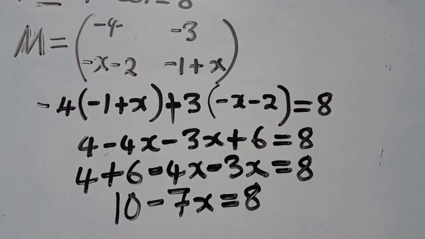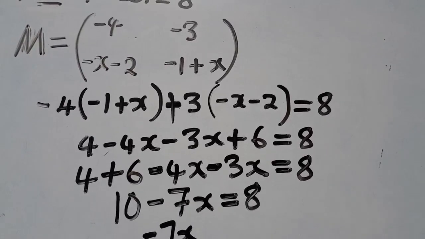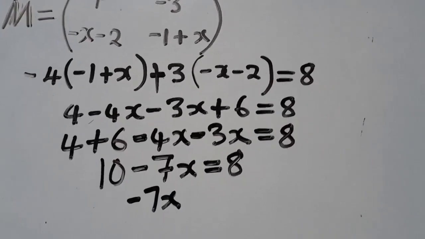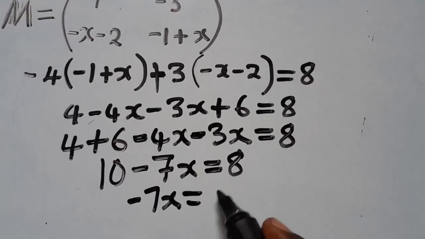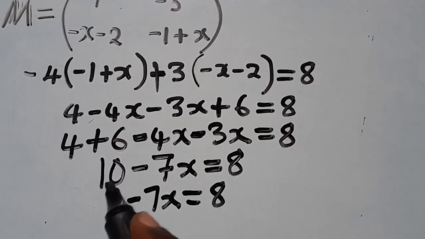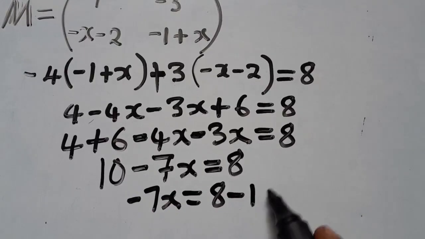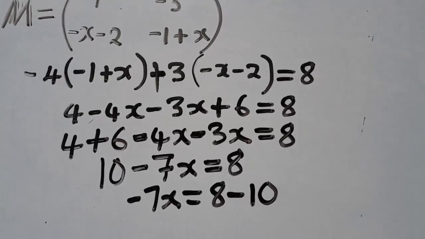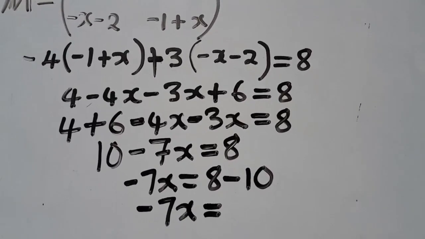Here you group the like terms. -7x remains this side, which is equal to 8. This is the positive 10. When it goes this side, it becomes -10. So -7x is equal to what?